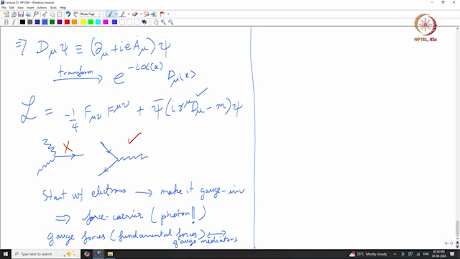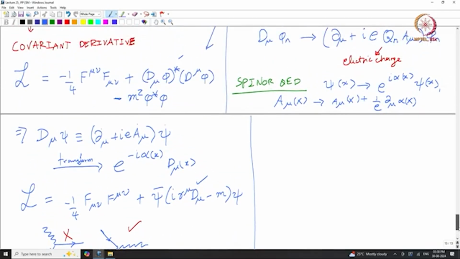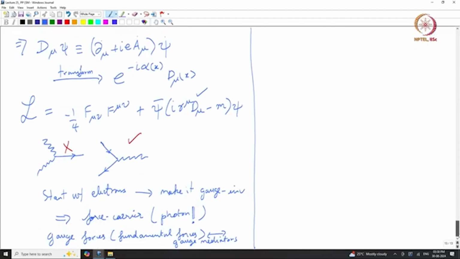okay. And also notice that the mediators have to be massless, because in a Proca Lagrangian, you had a mass term for this, and remember this was not gauge invariant, not GI, right.